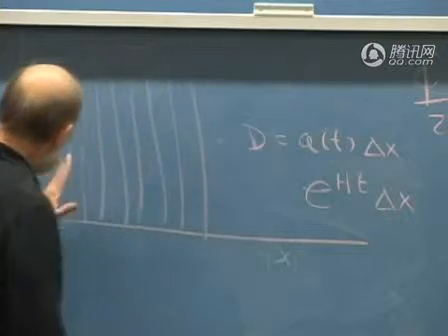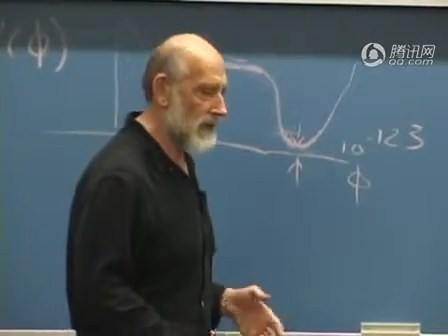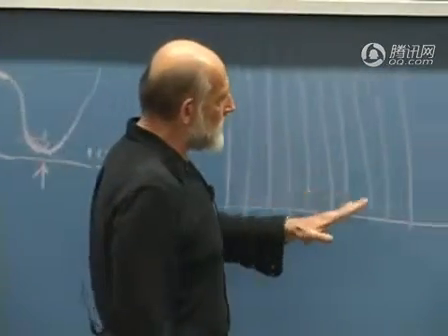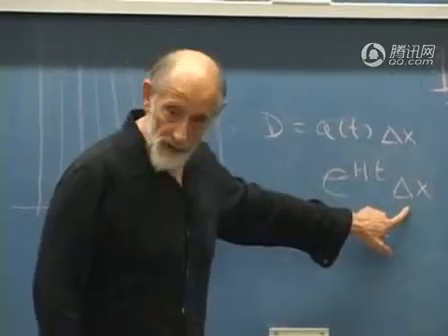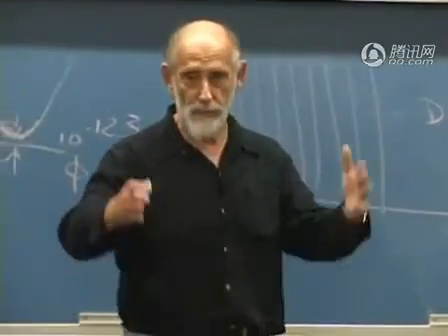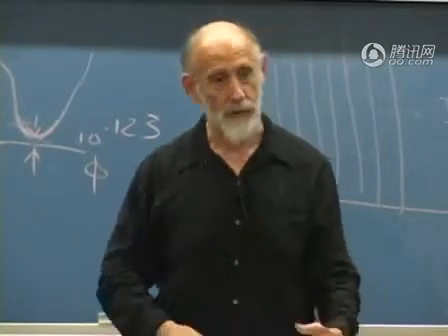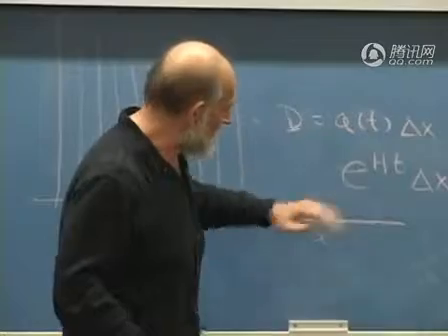That means the distance between galaxies, on the average, if they're far enough apart, is expanding exponentially. Delta x is, of course, not expanding exponentially. Delta x is just the fixed coordinate positions of the galaxies. You can think of it as their names. But it's the scale factor which is increasing exponentially.